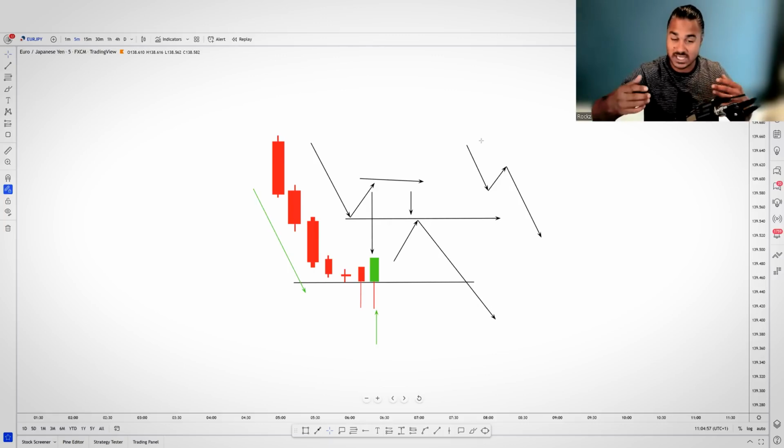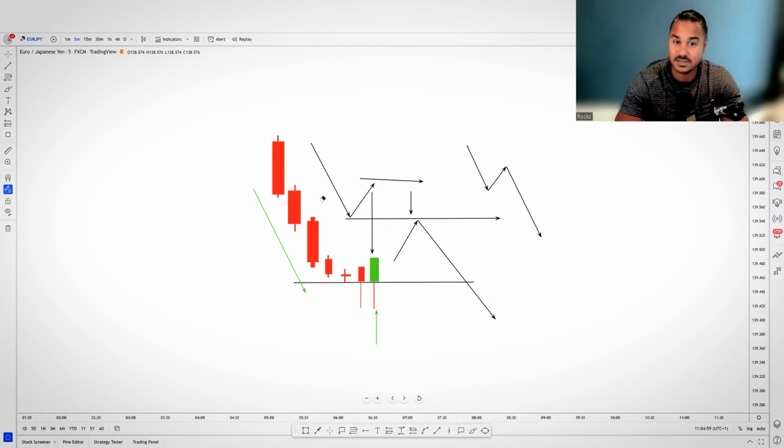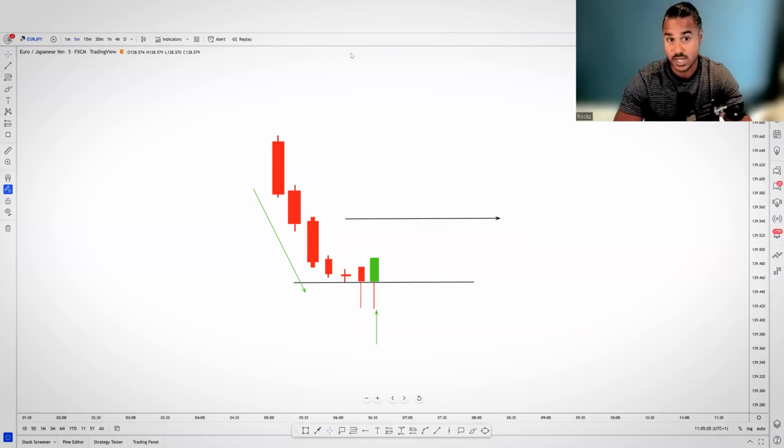And that is when we can then start to use these fundamental principles to aid us in our decision making when it comes to looking for this continuation of this bearish movement and potential continuation of this bullish movement here.